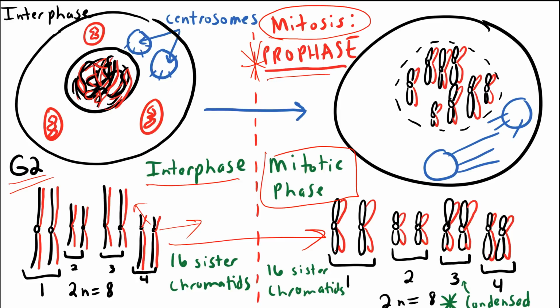Essentially, what this does is it makes the sister chromatids more manageable. They are easier to move around and eventually separate within the cell. This helps them also avoid being damaged because they're easier to move around. So condensation, the genetic material becoming more condensed, is the first step.